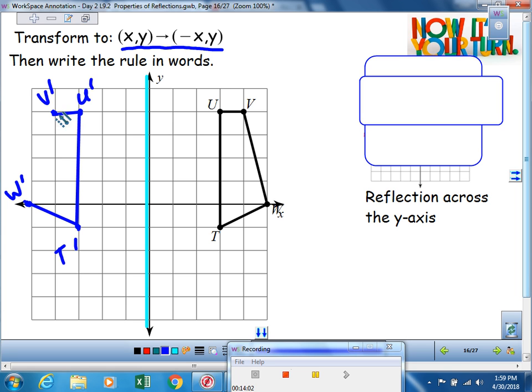And again, if you have a horizontal or vertical line, they should remain horizontal or vertical. If your shape isn't the same shape, just flipped, something's wrong. All right, any questions on that one?